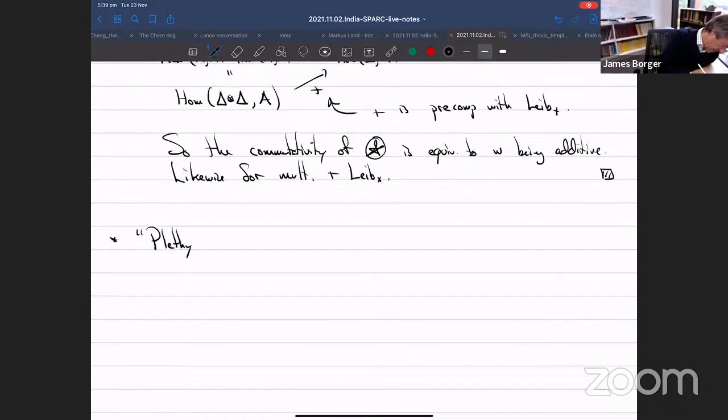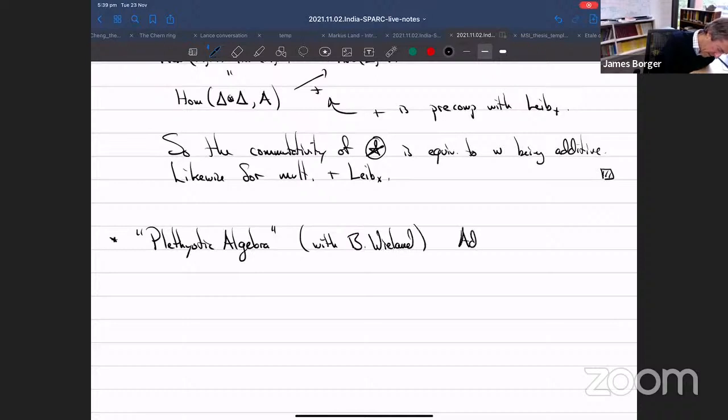Okay, if it occurs to me, maybe I should mention, I wrote a paper called Statistic Algebra with Ben Wieland. It's in Advances in Mathematics, I think 2005. There's a whole world here.